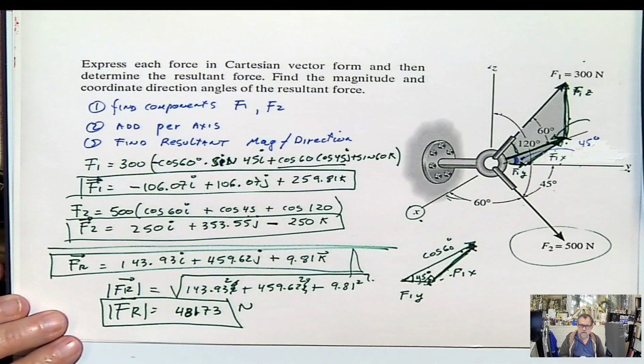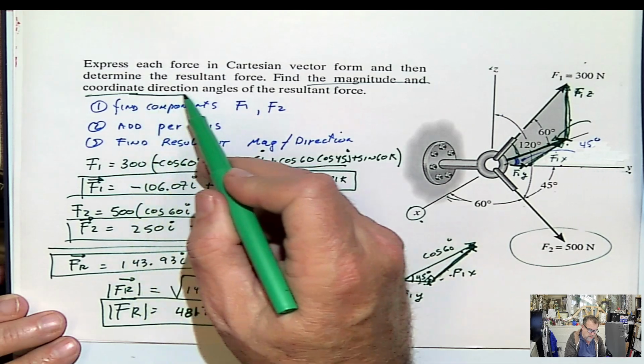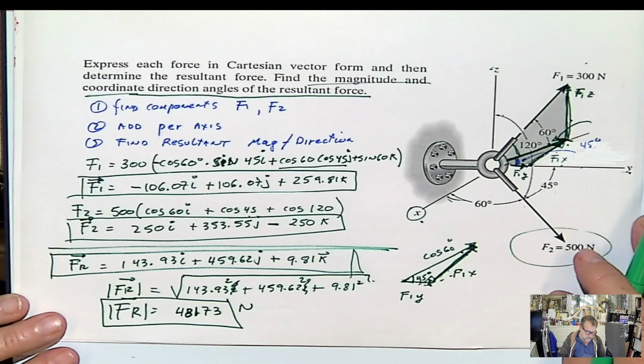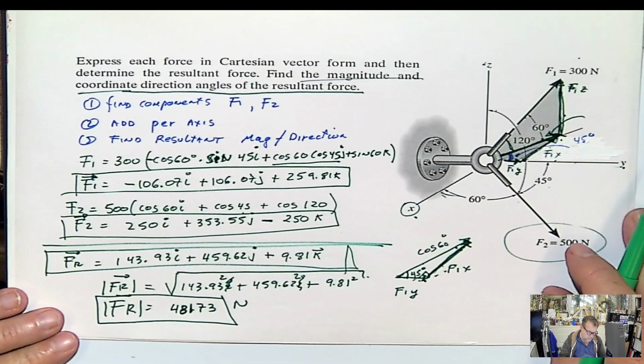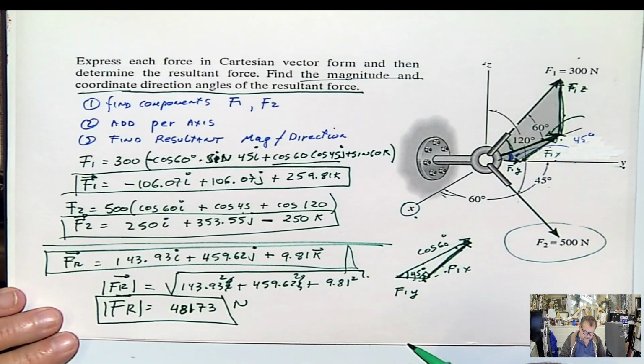Now the second part is to find the magnitude, which we already did, and the coordinate direction angles for the resultant force. Remember, we said cosine alpha i, cosine beta j, cosine gamma k.